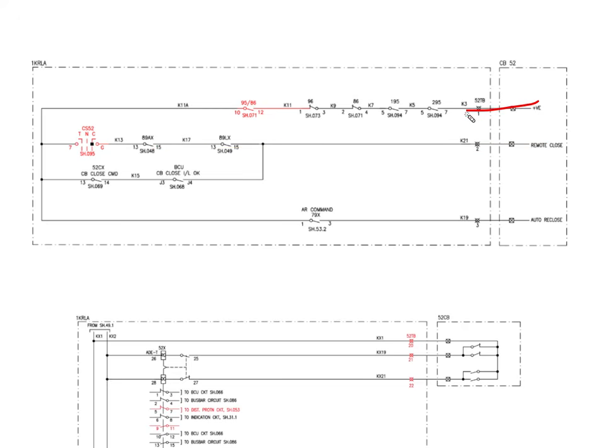So our closing positive is K3, and the TB number used for that is 52TB-1.